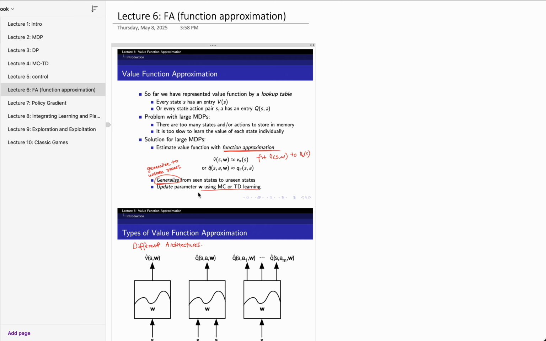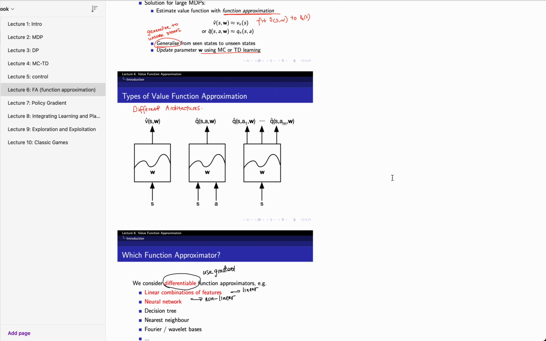Again, we update the parameters using Monte Carlo, using MC or TD. So here we're estimating V pi of s with an approximated function V hat of s with parameters W, the weights. There are several ways to define this.